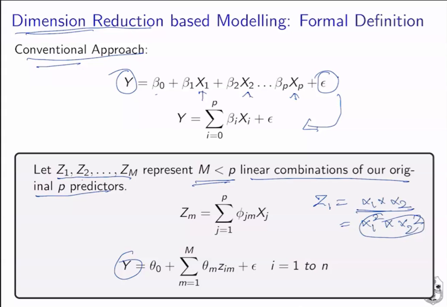Now this Zm, and this phi jm is some linear coefficient, and Zm is the mth transformed feature like the Z1, and this transformed feature is known as the components.